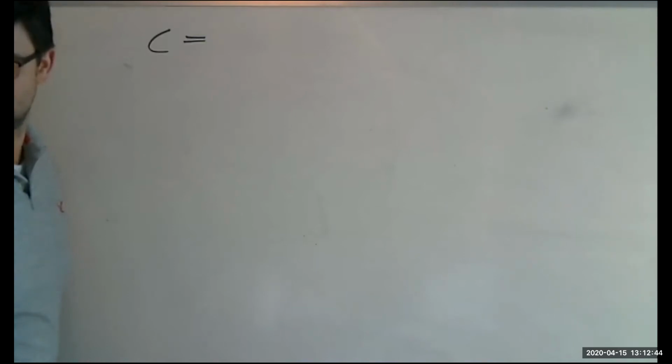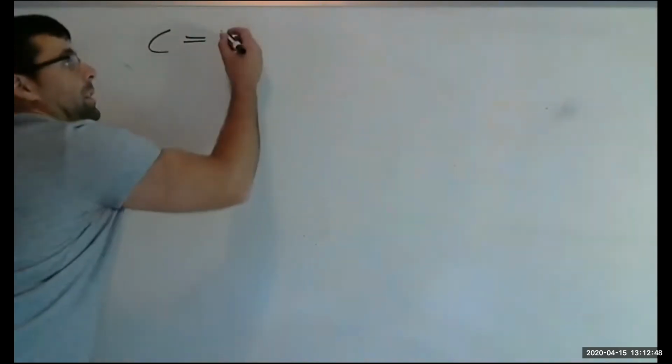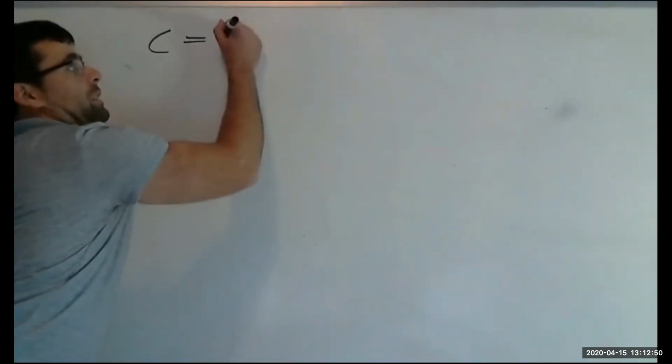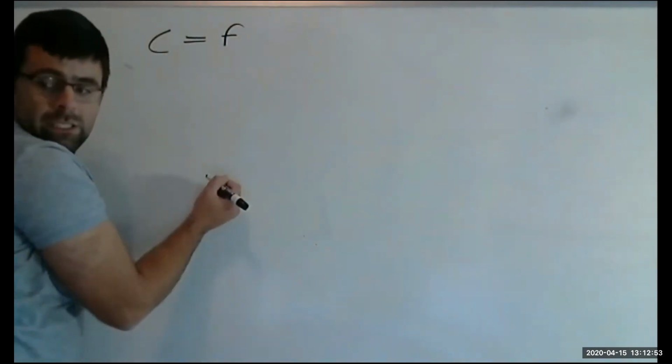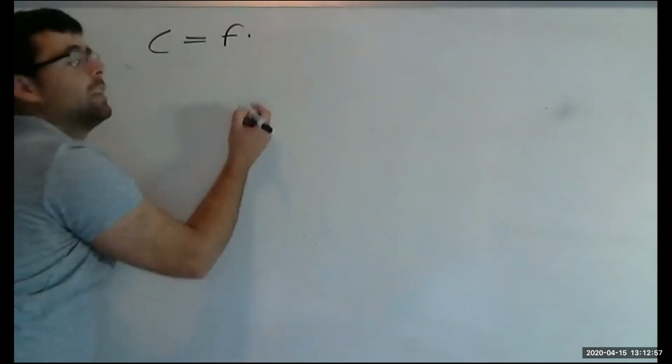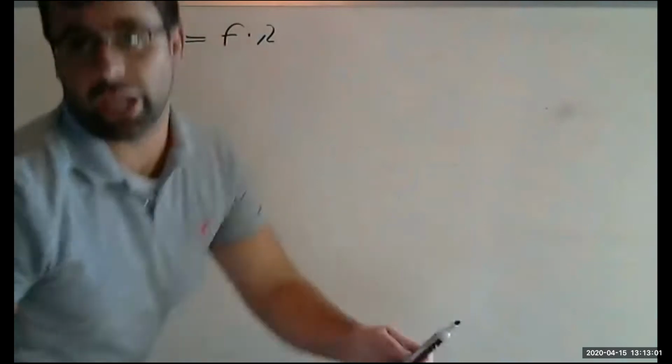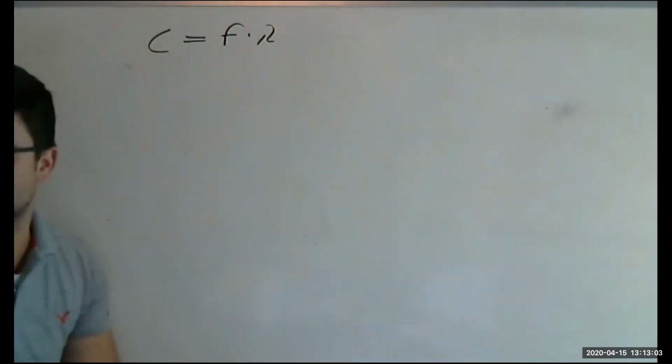Frequency is one. And lambda, wavelength. So the speed of a wave is frequency times wavelength.